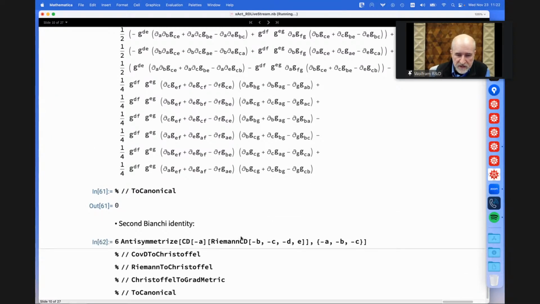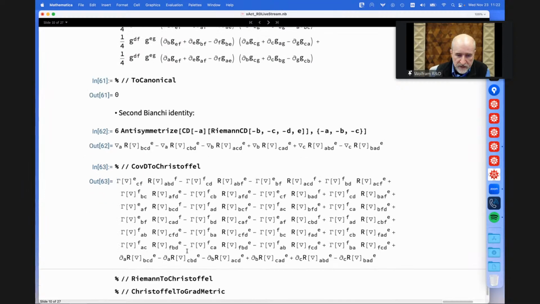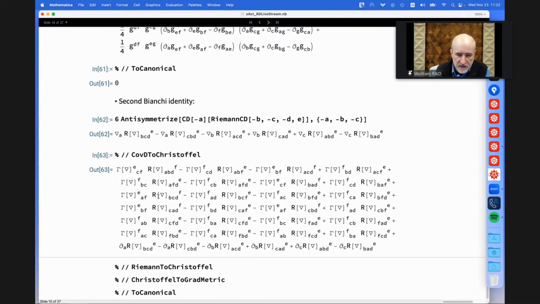So we do the same thing for the second Bianchi identity, which is a bit more complicated. It involves derivatives now. And right, so we can do the same thing. We convert the covariant derivatives into partial derivatives plus Christoffels. Now the Riemanns into Christoffels.